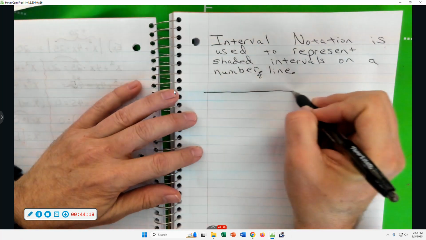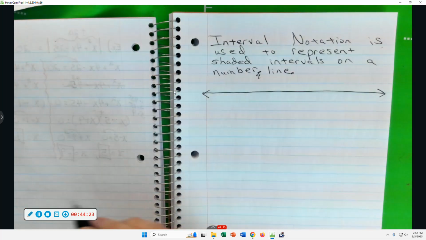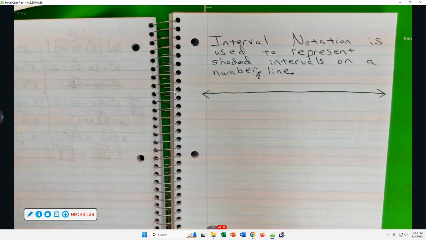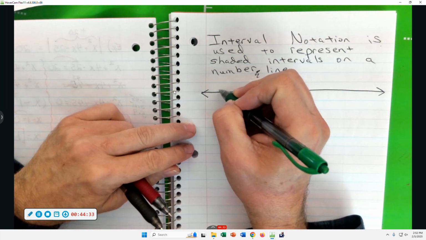I'm going to draw out a number line. And remember, on the number line, it goes small to big. So when you're labeling numbers on a number line, the numbers have to go from small numbers to big numbers.